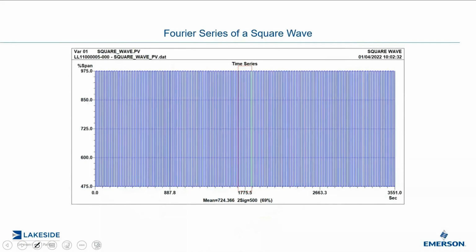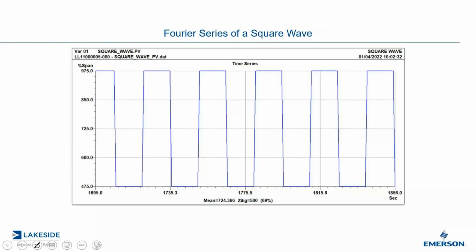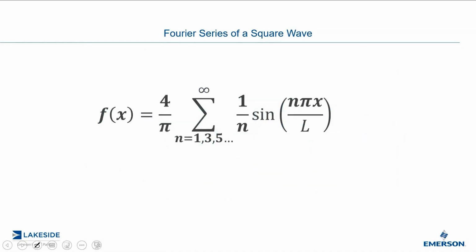So let's talk about the Fourier series of a square wave. You can see here that there are a lot of squiggly lines. If I were to zoom in, there's a square wave right there. If I were then to try to reproduce that square wave using a Fourier series, I would use this series right here.